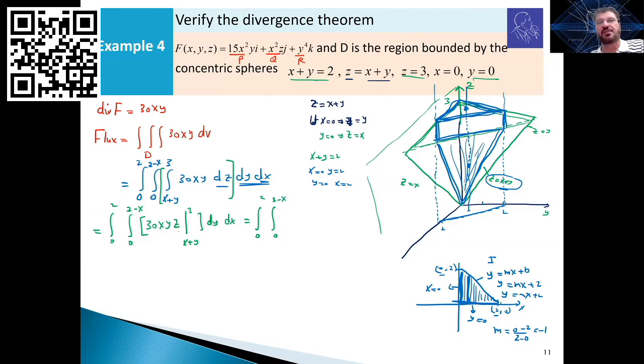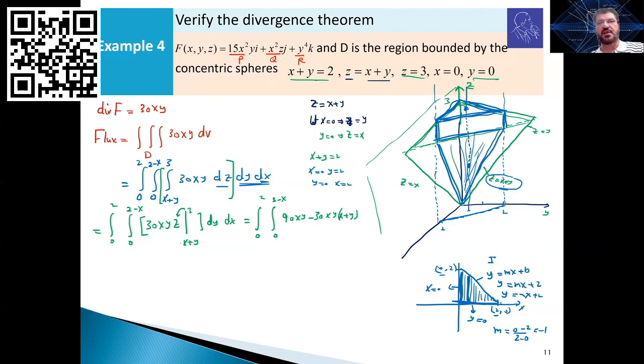Now put the 3 for what? Don't forget we integrate with respect to z, so I'm going to replace that with 3. 3 times 30 is 90xy, minus 30xy, and then x plus y.